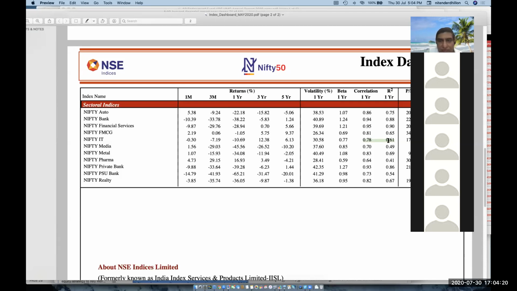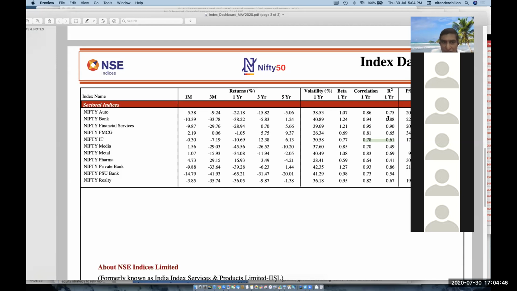Sir, 61% of variance in Nifty IT will be explained by the movement of Nifty 50. Okay, perfect. So 61% of the variation happening in Nifty IT from its mean value can be attributed to Nifty 50.